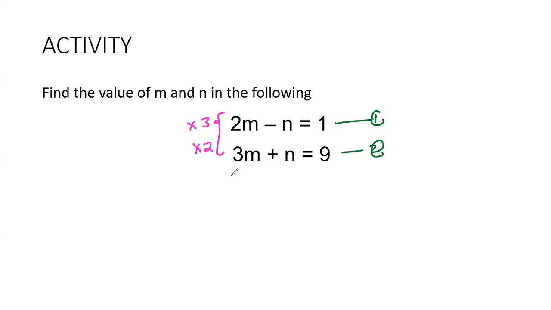Then I come down, I say 3 times 2 is 6M. Minus negative 3N is equal to negative 3. Where are you getting the negative? Is 3. Equals to 3.